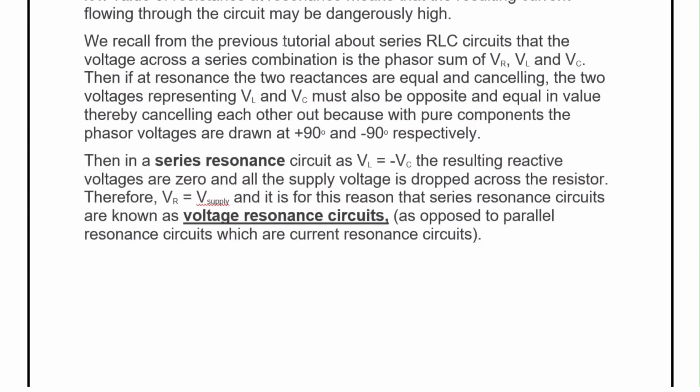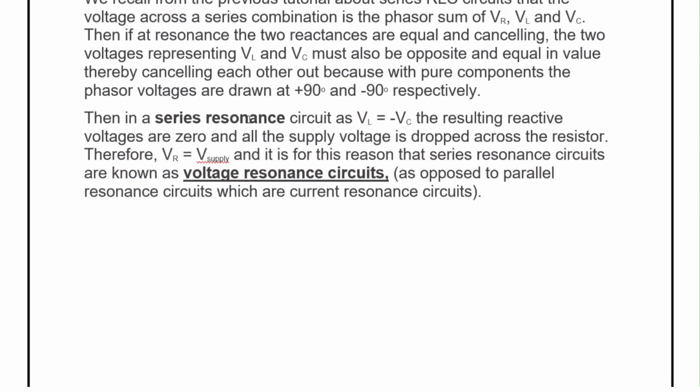So we can recall from the previous tutorial about the RLC circuit that the voltage across the series combination is a phasor sum of VR, VL, and VC. Then at the resonance the two reactances are equal and cancelling each other, so the two voltages representing VL and VC must also be opposite and equal, and thereby they will be cancelling each other.